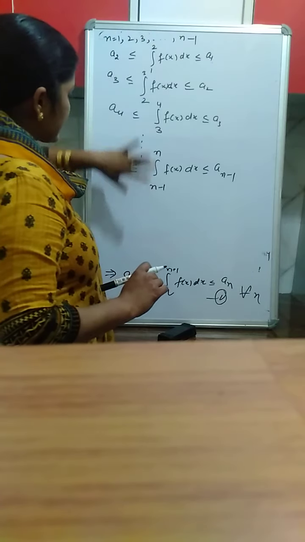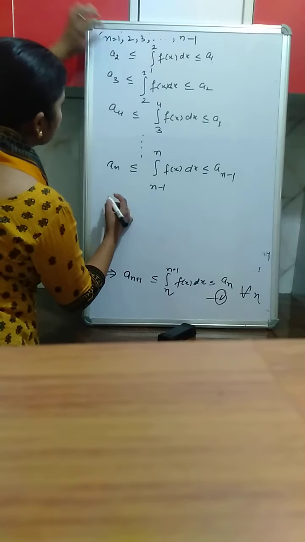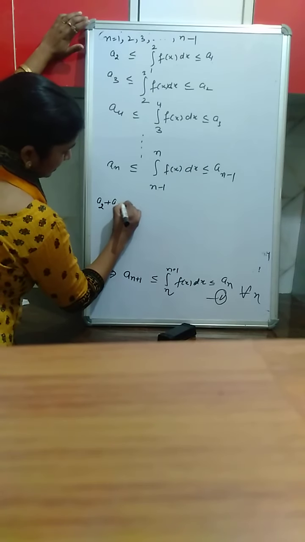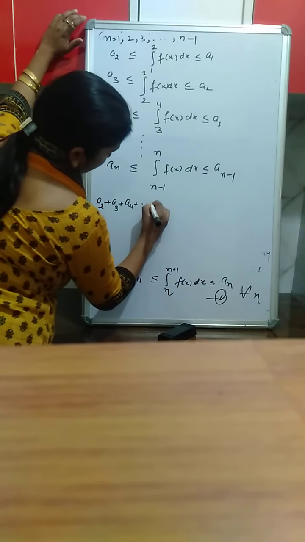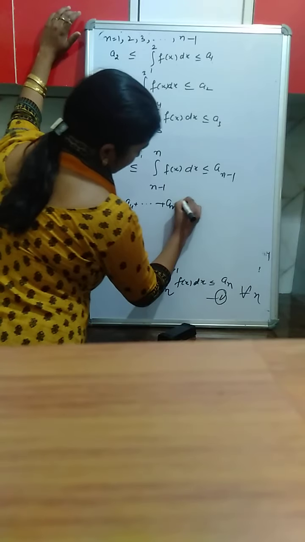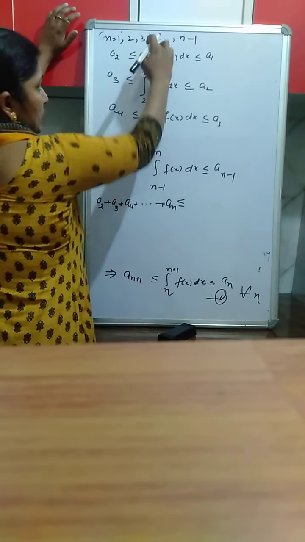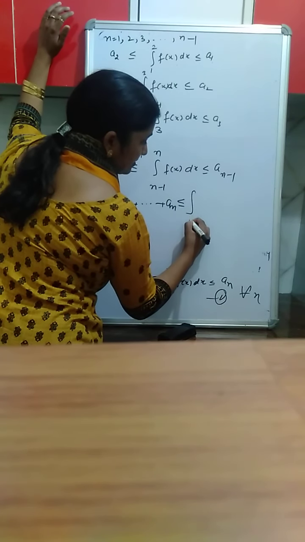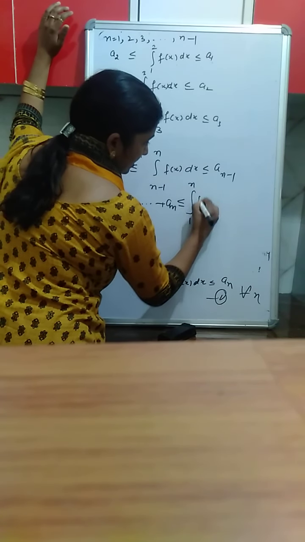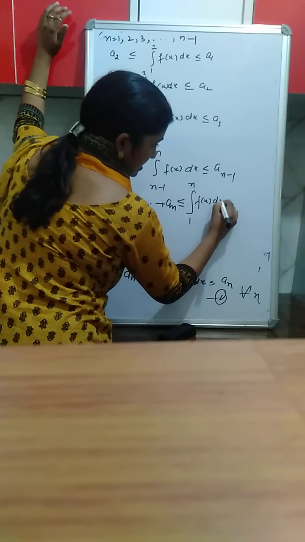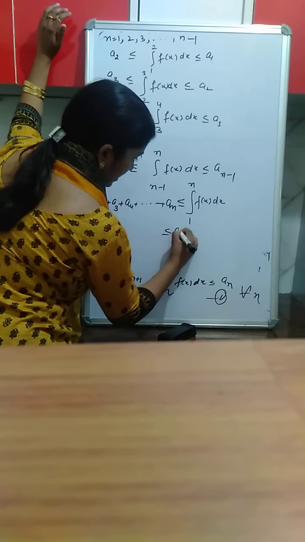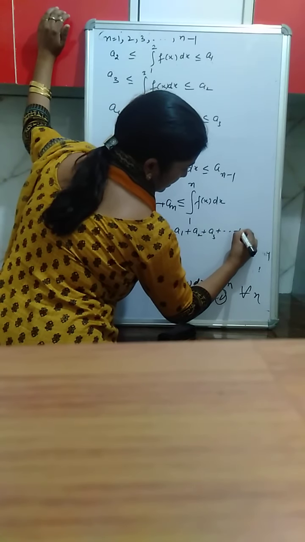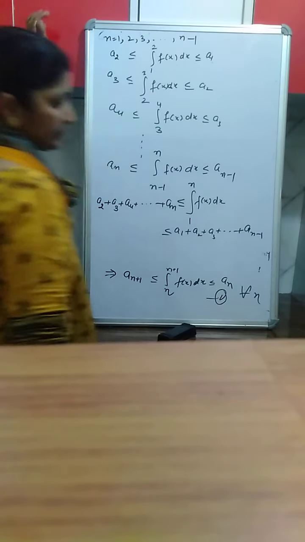So adding all these consecutive integrals, when we add all these we'll get the integral from 1 to n of f(x) dx, and this is less than or equal to a1 plus a2 plus a3 up to a_{n-1}.